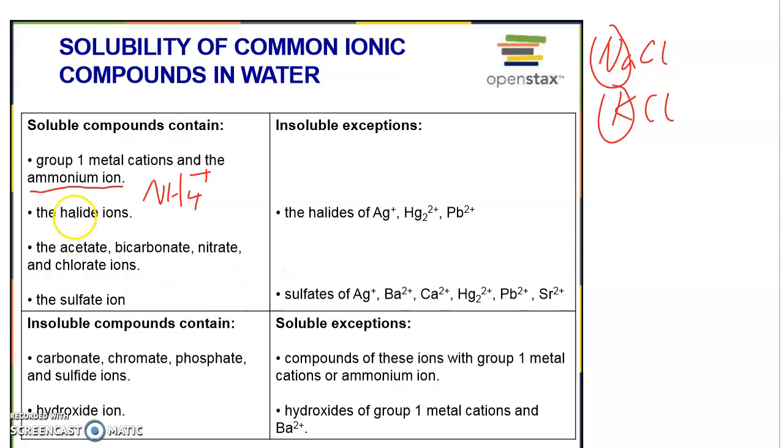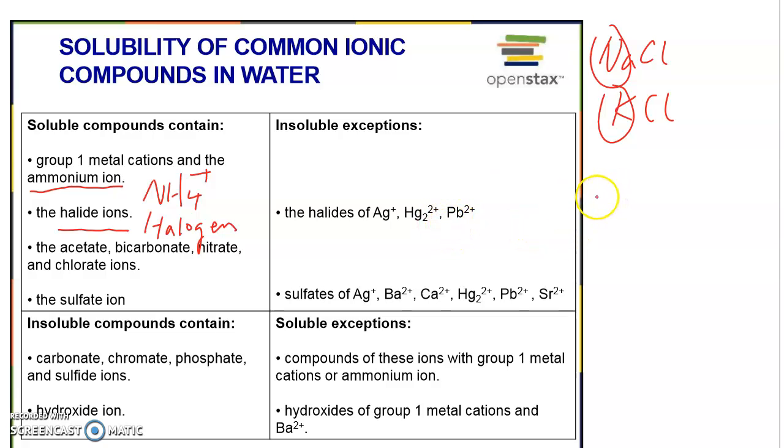All right, let's look at this one, halide ions. So what is a halide ion? That means anything combined with halogen. Okay, so that is group number 17. Most of them will be soluble, but there are exceptions. Okay, so silver, mercury, and lead, those are the exceptions.